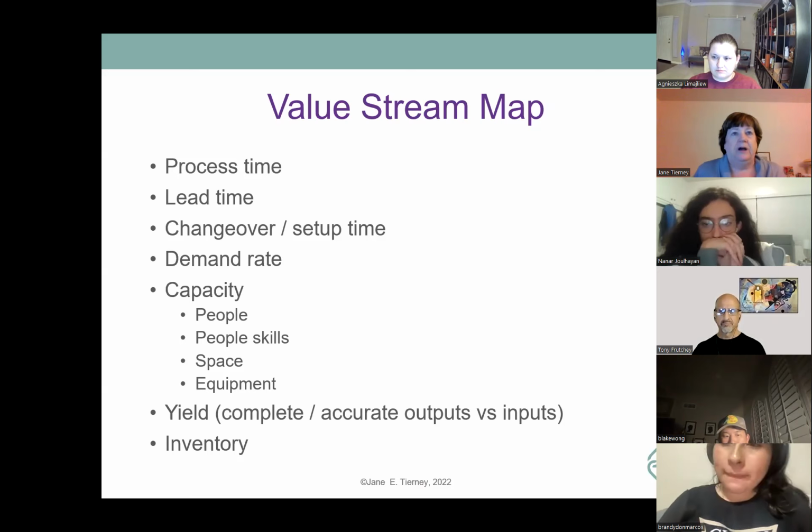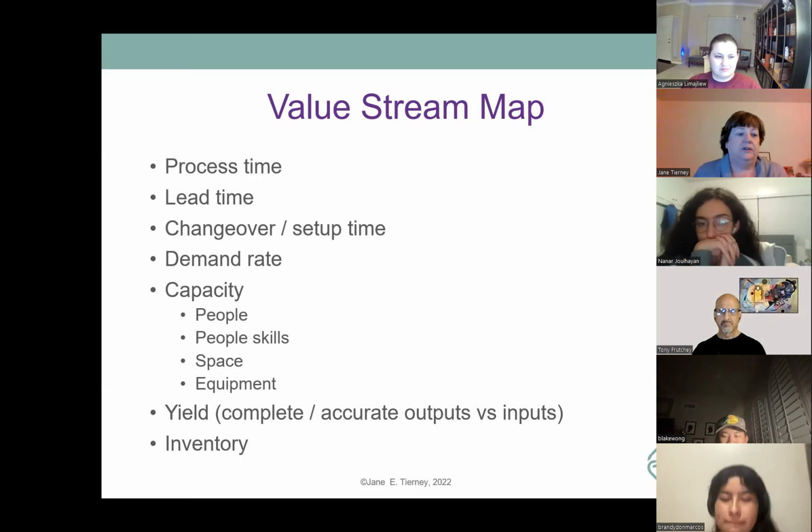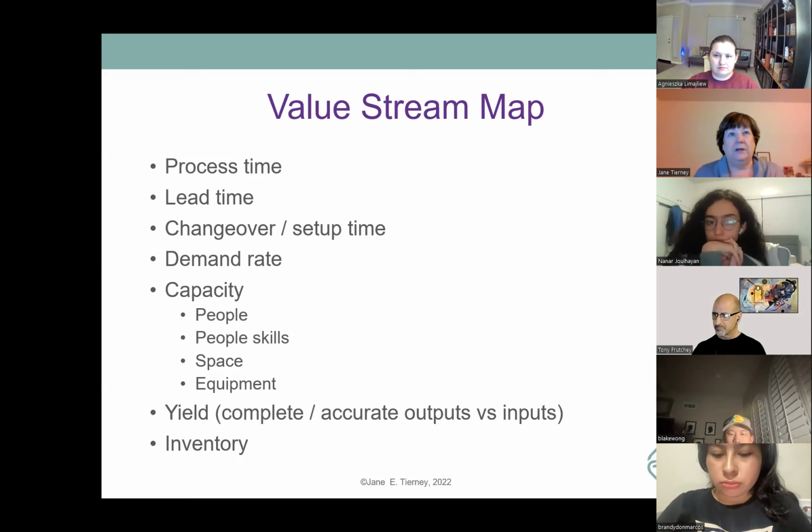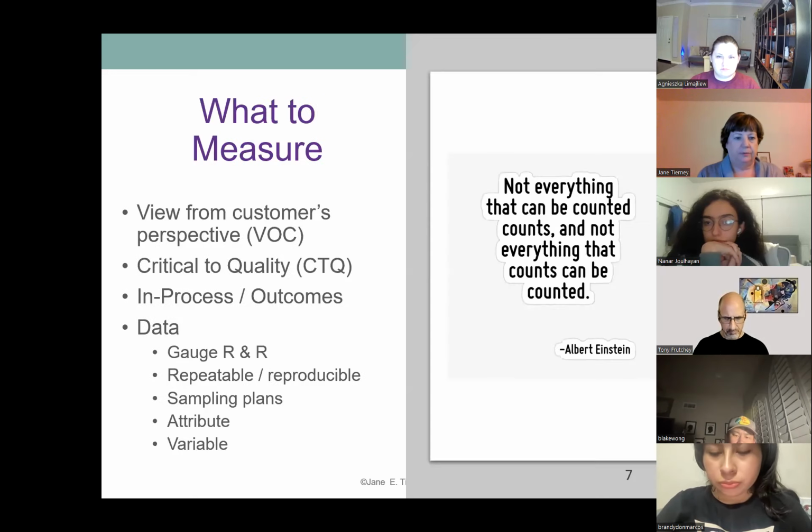If I put 150 cookies on cookie sheets, do I actually get 150 sellable cookies? And the answer is probably no. You're going to lose one, two, three or so, just because of lots of different factors. And then what's my inventory, and how does the inventory move through there? So we actually create a map, and I'll show you a little bit about that.